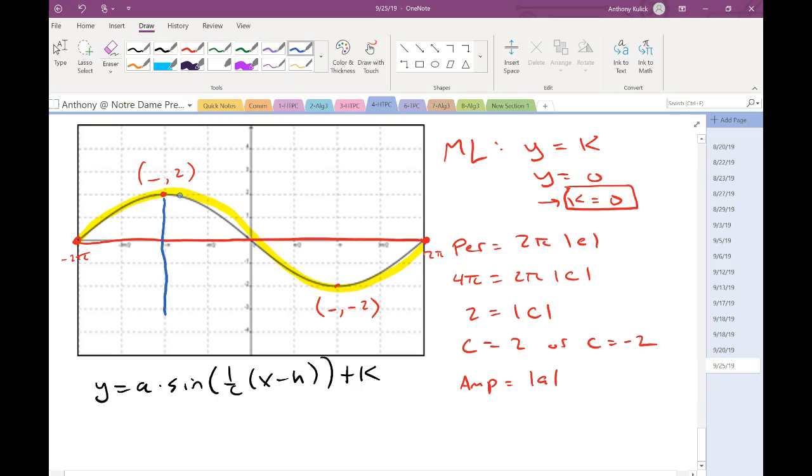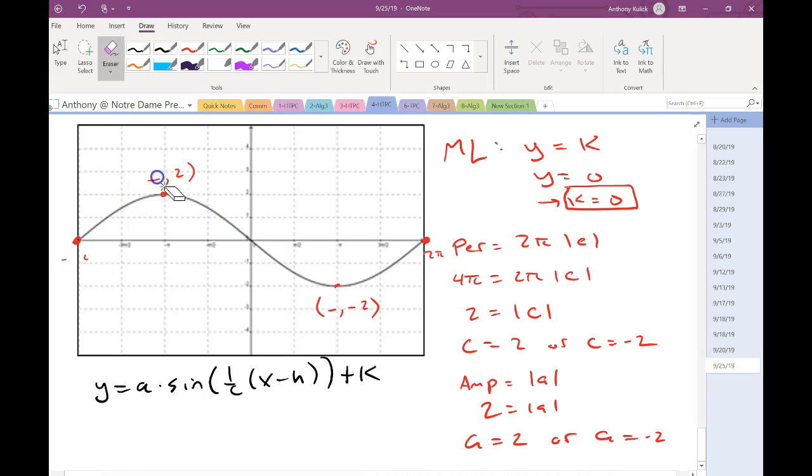So if I go from max to min, that's 4 total units, right? And divide that by 2, I get 2. So A is positive 2 or A is negative 2. Everybody okay with that? All right.